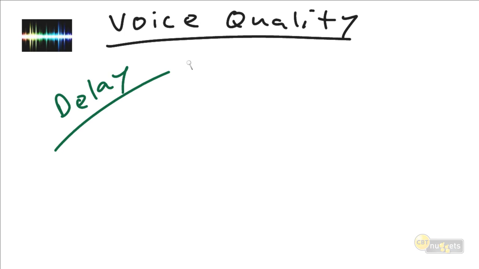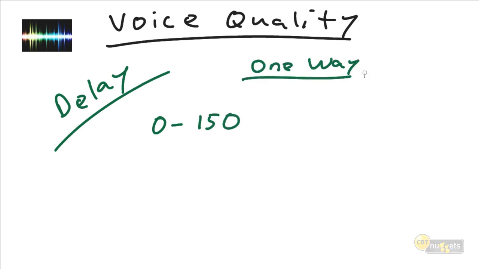Well, the ITU says, look, if you can get the end-to-end one way, and it's important to realize that this is just one-way delay measurements, if you can keep it between 0 and 150 milliseconds, the one-way delay from one phone to the next, you're going to be in really good shape.